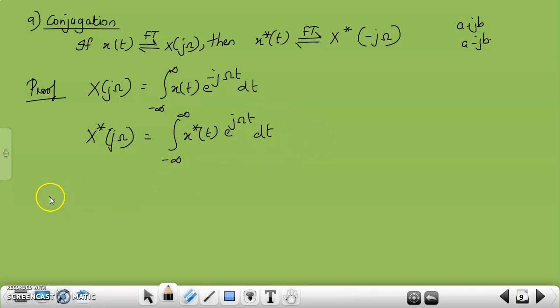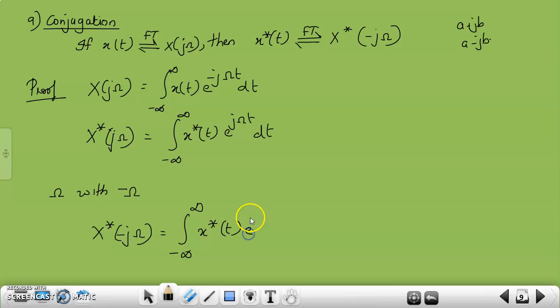Now, replacing every omega with minus omega, I can write this equation as x star of minus j omega is equal to integral minus infinity to infinity x star of t e raised to minus j omega t dt.